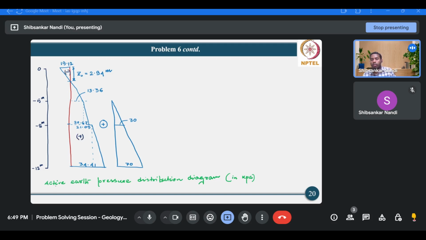So after the tension crack, if we try to modify this distribution for the condition where the tension crack has been formed, it will be looking like this.